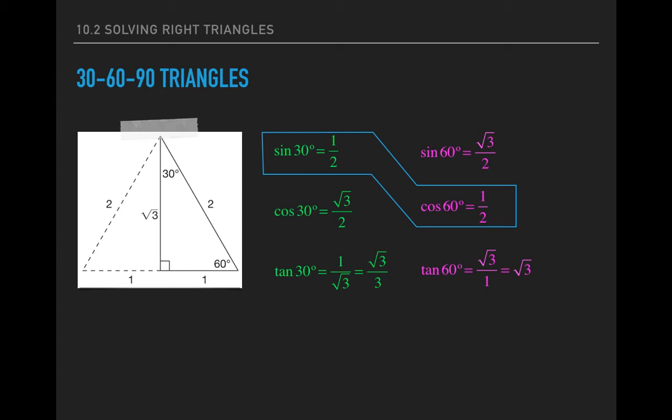They are equivalent. Sine of 30 is the same thing as cosine of 60 because when you change your perspectives, you end up with the same ratios, because what was once the adjacent is now your opposite.